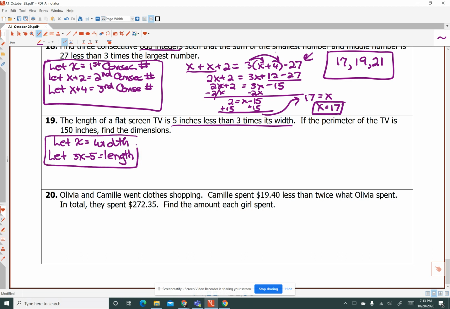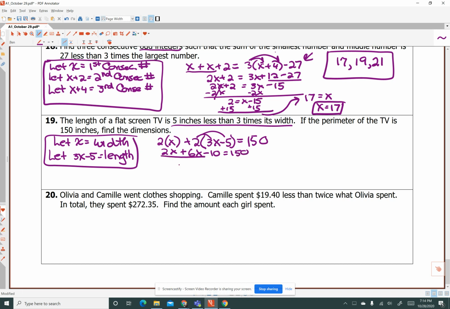And we just use our perimeter formula. So 2 times the width, which is x, plus 2 times the length, which is 3x minus 5, equals 150. So 2x plus, and we'll distribute, 2 times 3, 6x, 2 times negative 5, minus 10 equals 150.